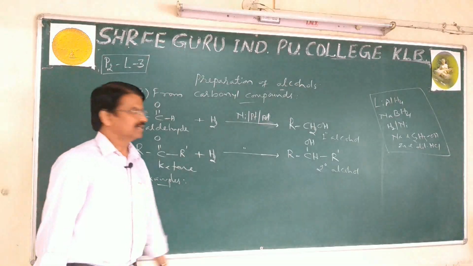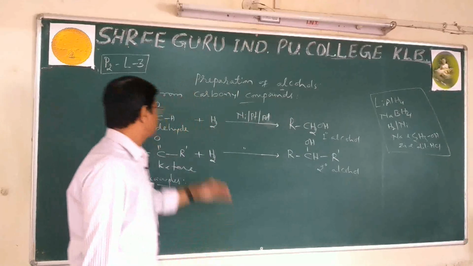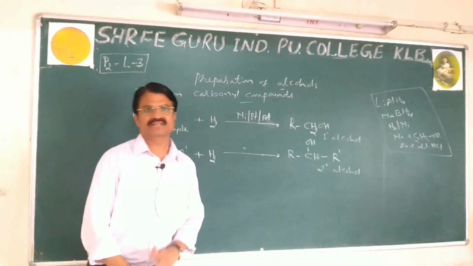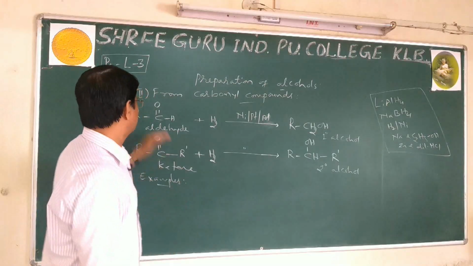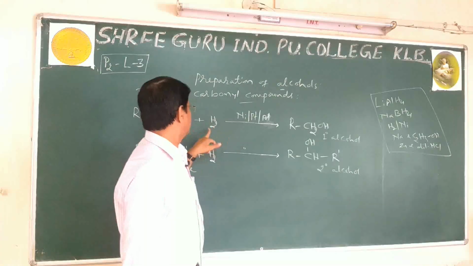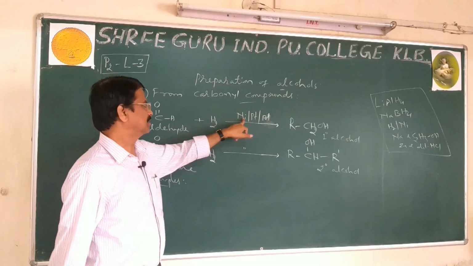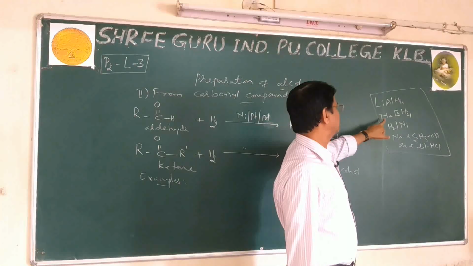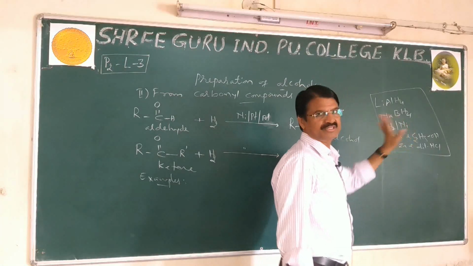Now see here, we are studying the preparation of primary alcohol and secondary alcohol from aldehyde and ketone by the reduction method. Reducing agents to convert carbonyl compounds such as aldehyde and ketone may be hydrogen in presence of metals such as nickel, platinum, palladium, or we can use lithium aluminum hydride, sodium borohydride, sodium and alcohol, zinc and potassium.